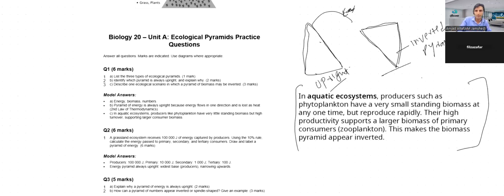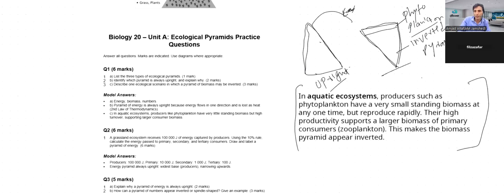At this trophic level, there will be phytoplankton. These are called flowing or floating plants. They are larger in number.